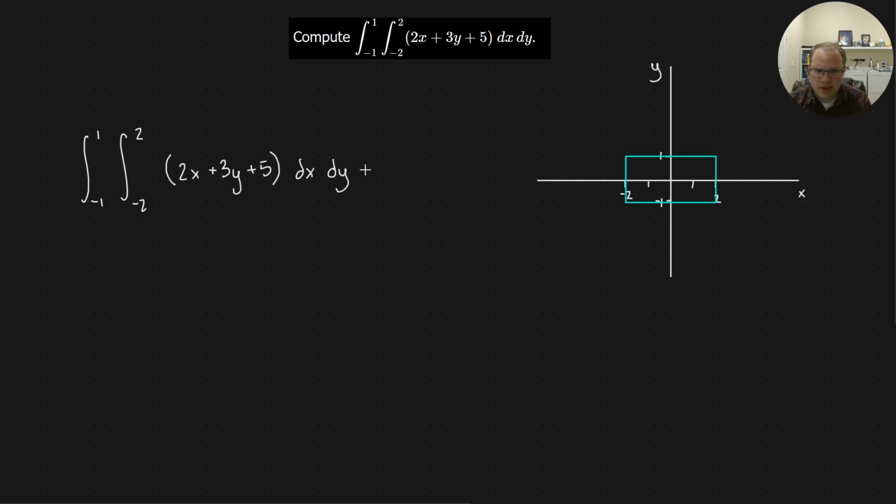This integral would be equivalent to saying we want the double integral over region R, where this rectangle is region R, of 2x plus 3y plus 5, integrated over the area of that region. Okay, that dA means integrated over area. It means exactly the same thing.